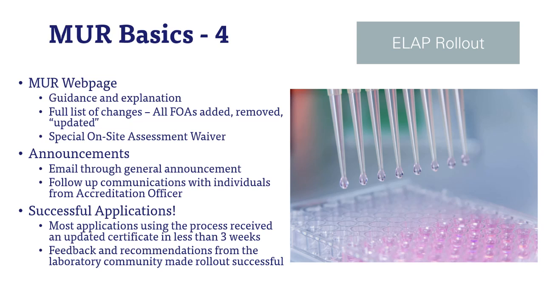We had a bunch of guidance and explanation of exactly what happened and what methods were approved before and which methods are approved now, because there's a different edition of the method that's been approved and the old one is no longer approved. And we also had a special on-site assessment waiver. So laboratories who had the old version of the method could amend and add the new method without going through the on-site assessment process if they met a bunch of conditions.